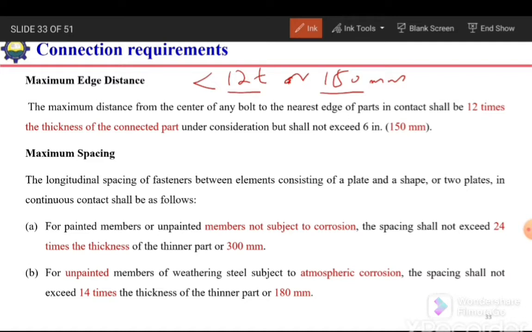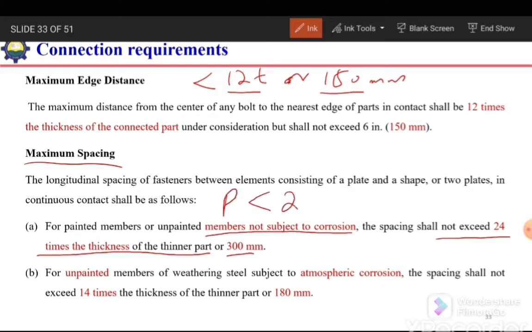So the next is maximum spacing or the maximum pitch of the bolt. The maximum spacing of the bolts is decided based on the environmental condition. So if the member is subjected to corrosion, then this spacing should not exceed 24 times the thickness of the thinner part, or 300 millimeters.